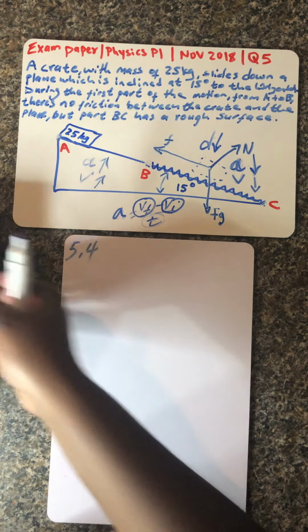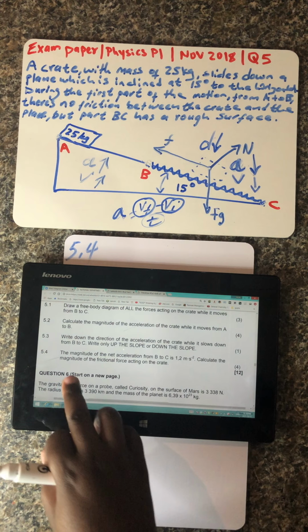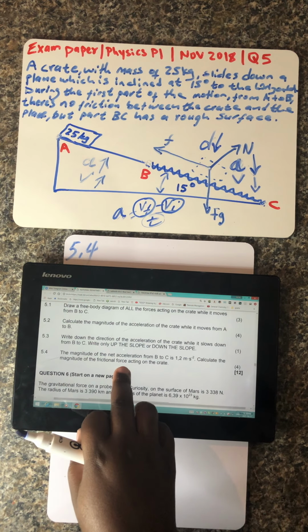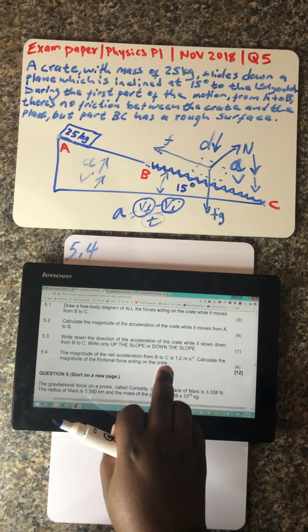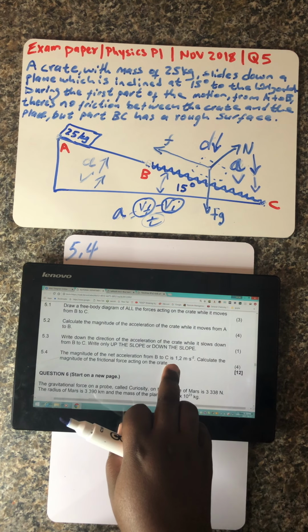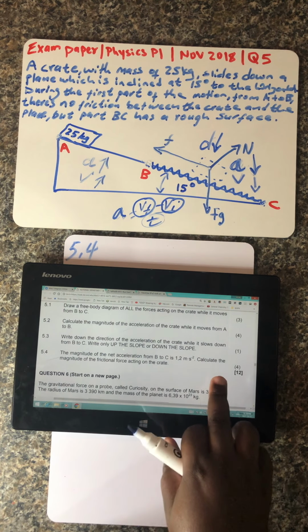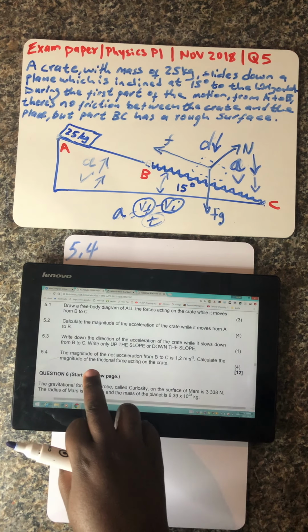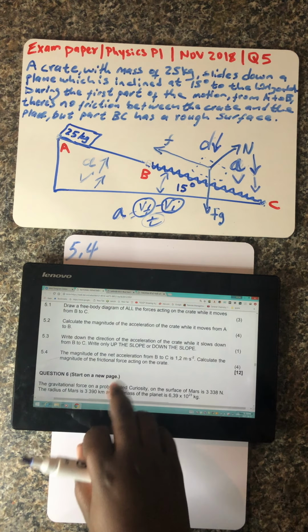So let's have a look at the question. So the question says the magnitude of the net acceleration from B to C is 1.2 meters per square second. Calculate the magnitude of the frictional force acting on the crate.